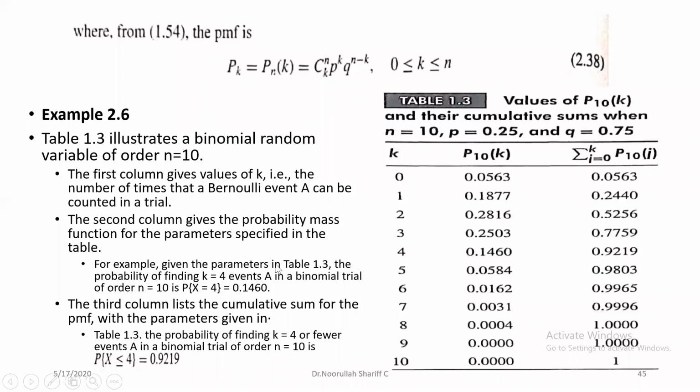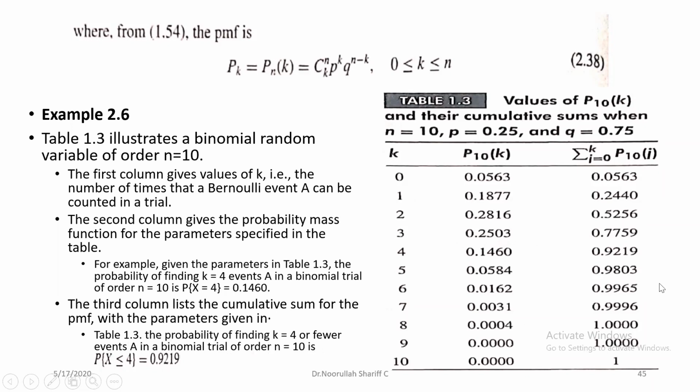For example, given the parameters in table 1.3, the probability of finding k equal to 4 is just corresponding to here. You can see that it is 0.1460. The third column lists the cumulative sum of the PMF with the parameters given in table 1.3. The probability of finding k equal to 4 or fewer events A in the binomial trial of order n equal to 10 is this value.